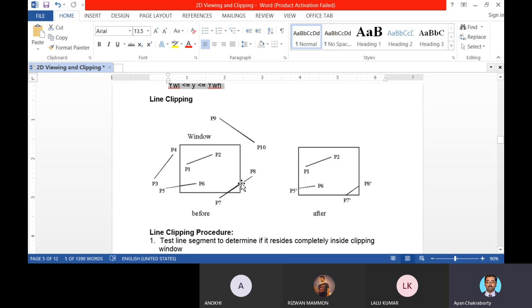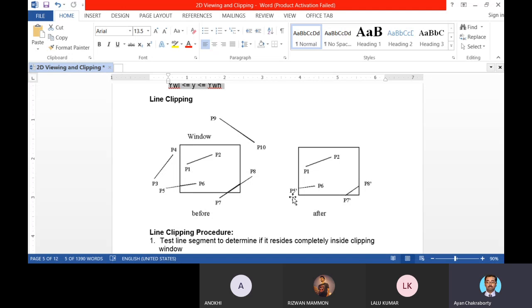According to the equation of this straight line P7 P8, with the equation of the straight line of any side of this window frame, we can easily find out that this straight line P7 P8 has two intersection points with two sides of this window frame.